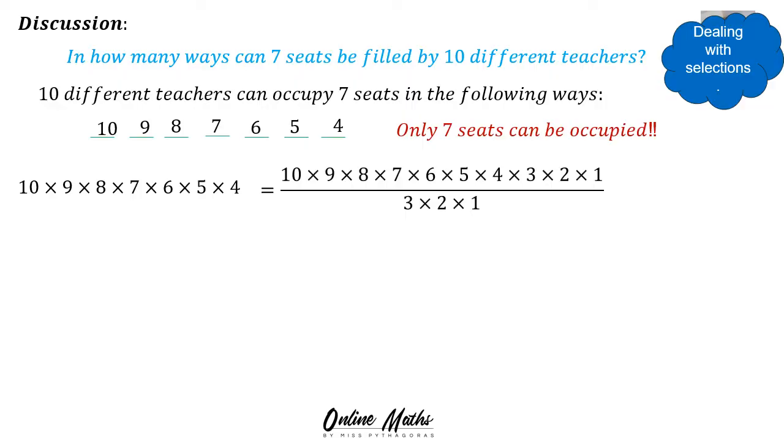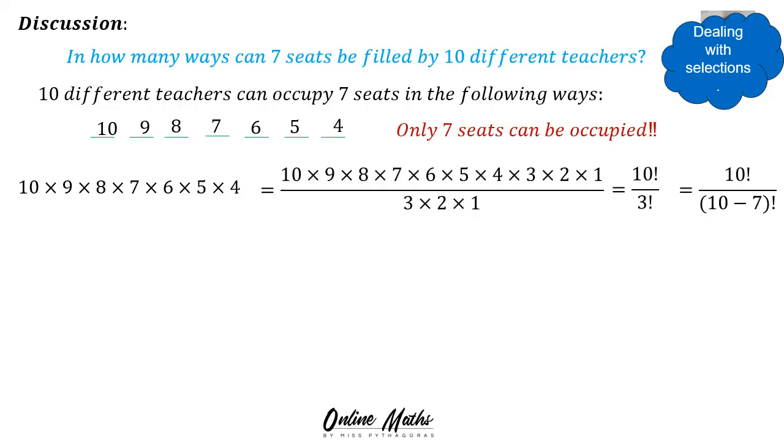And then originally there were 10 factorial divided by 3 factorial, because that's what's left. There's no seats for them. Then we can write this as 10 factorial divided by (10 minus 7) factorial.